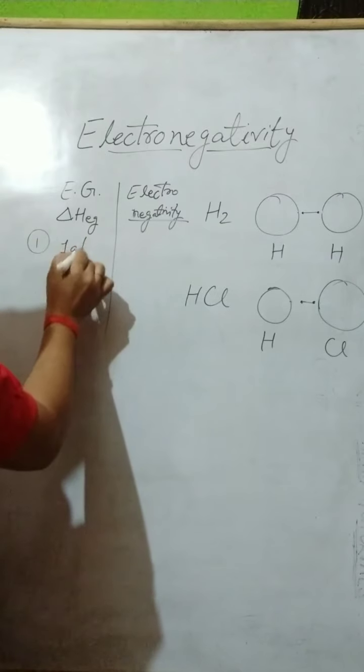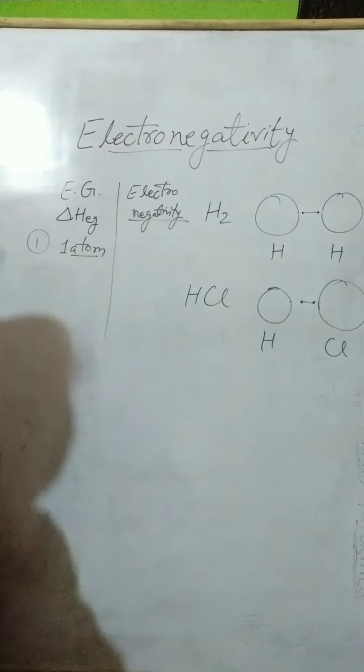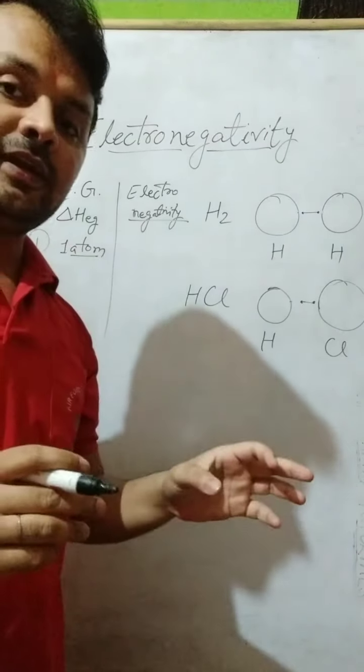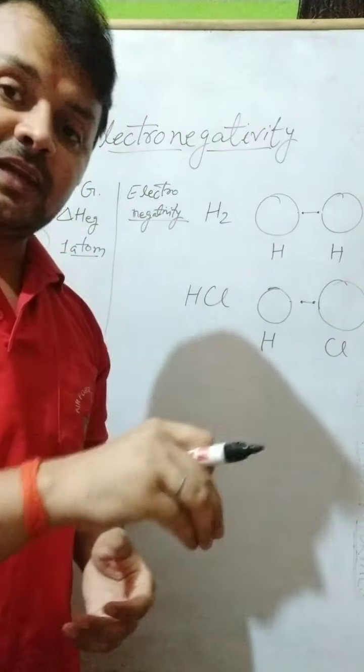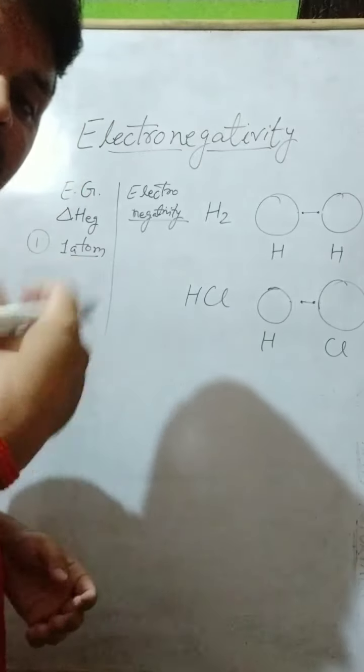Any atom is taken and its electron gain enthalpy can be calculated, that is, how much energy it will release or need to put an electron in its orbital to make it an anion.